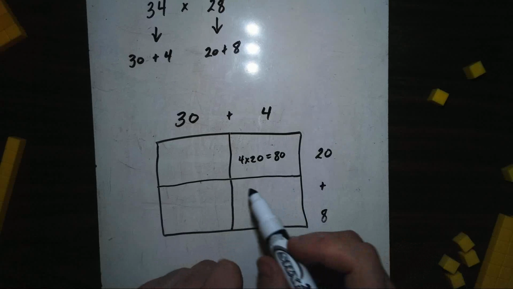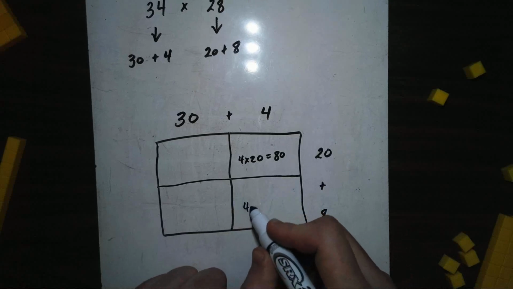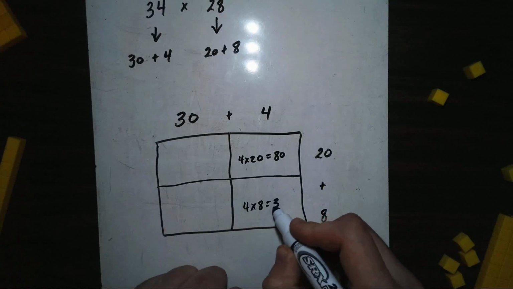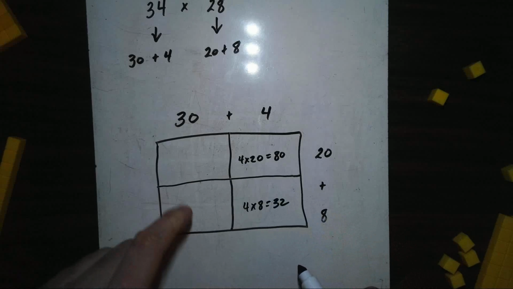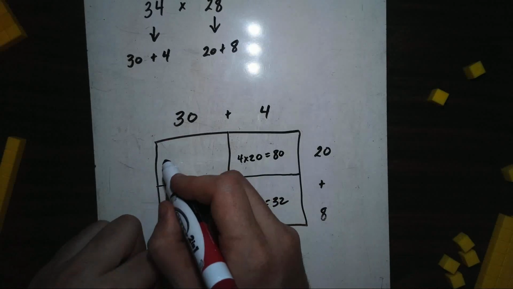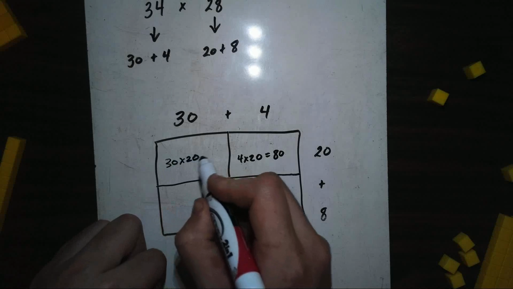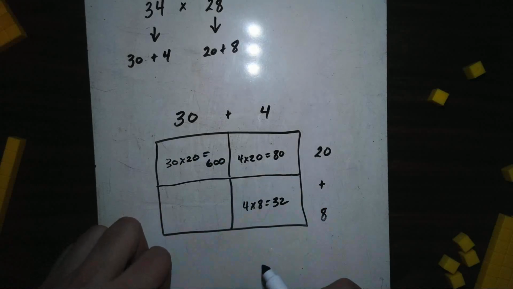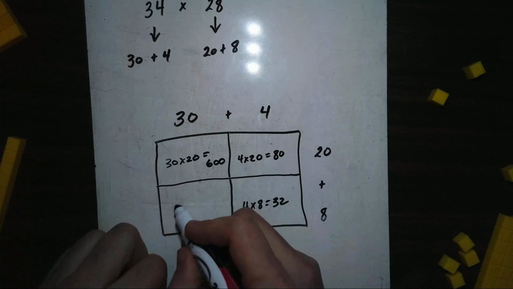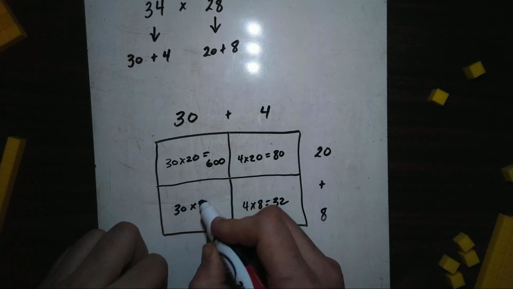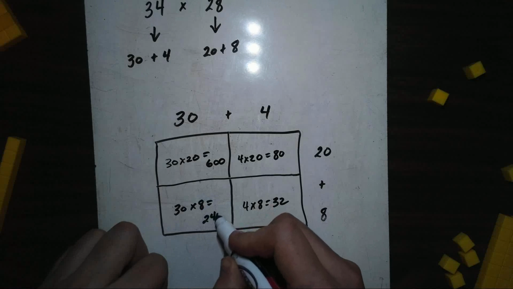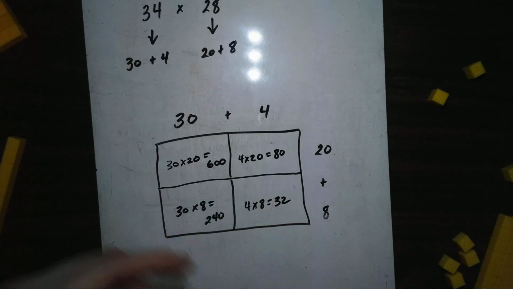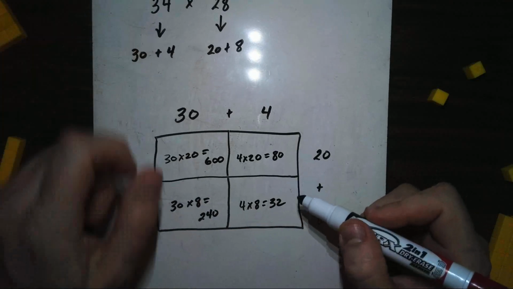In this box, I have a 4 by 8 array, which is 32. Over here I have a 30 by 20, which is 600. And down here I have a 30 by 8, which is 240. So these are what is known as the partial products to my original problem.